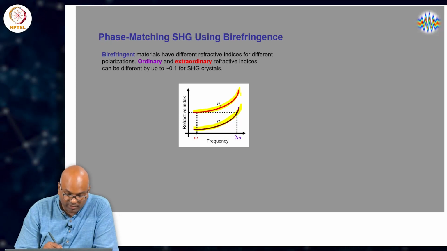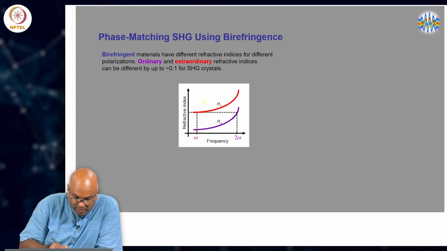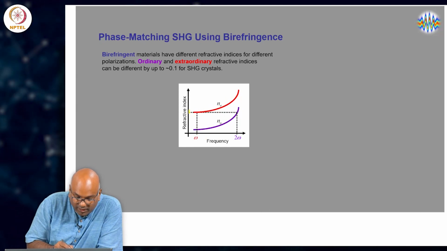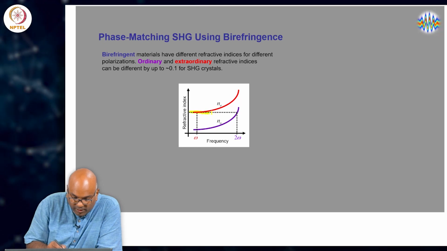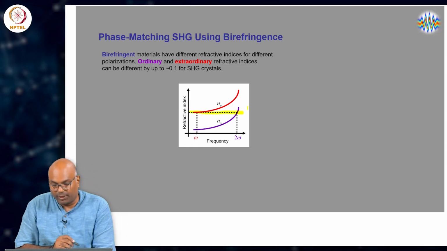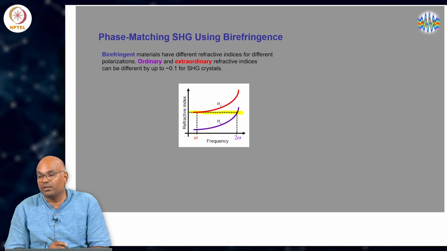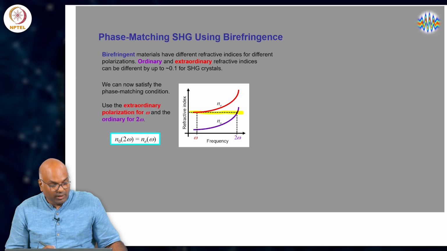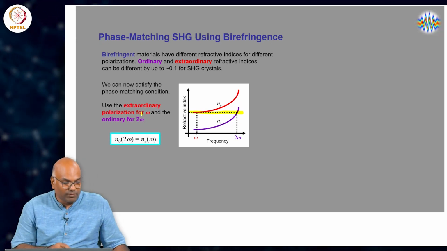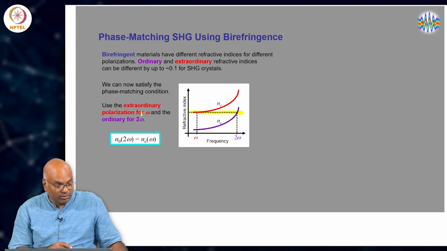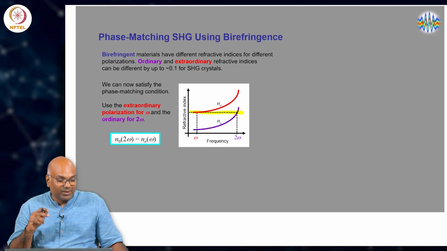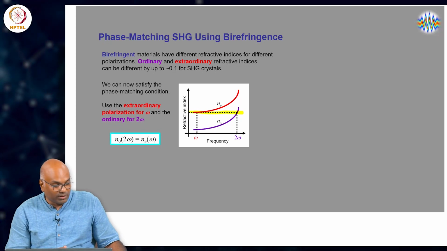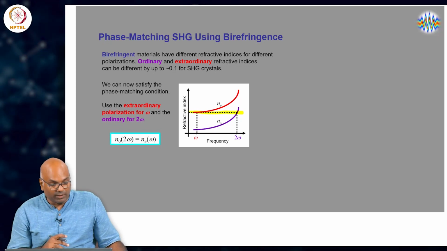Now, what we have done as a consequence of phase matching is we have made the extraordinary refractive index at omega match with the ordinary refractive index at 2 omega. This is the trick that we have played, all right. And the extraordinary polarization for omega and the ordinary polarization for 2 omega were matched. So, this is one type of phase matching. Okay.